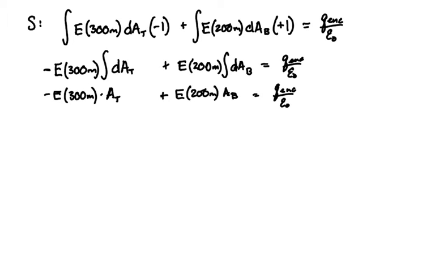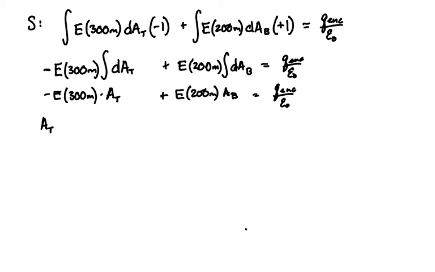All right, welcome back. So you should have something that looks relatively similar to our first one. The only difference is we have the electric field at 200 meters times the area of our bottom surface. Now we have a cube. That means that the dimensions on each of our sides are exactly the same. So the area of our top surface is going to be equal to the area of the bottom surface.